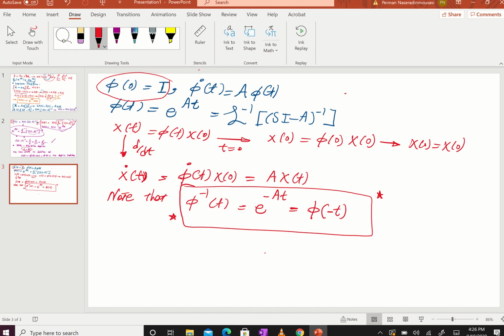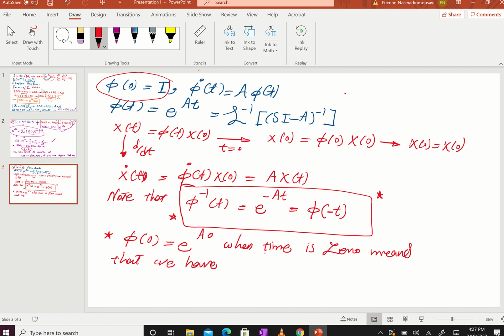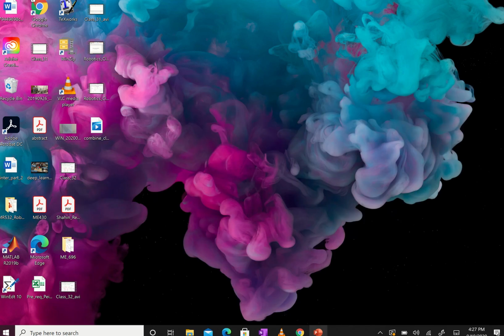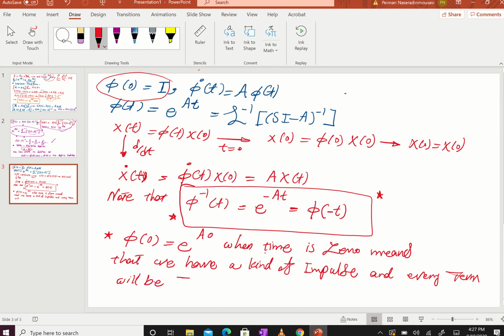When I say the state transition matrix at time 0, which is e to the A times 0, it means that when time is 0, we have a kind of impulse and every term will simply be the identity matrix.